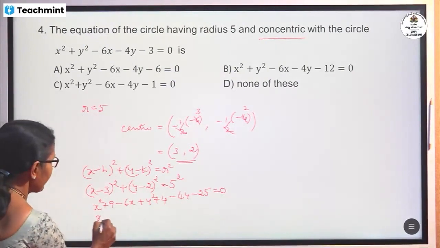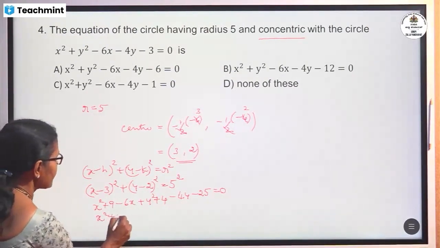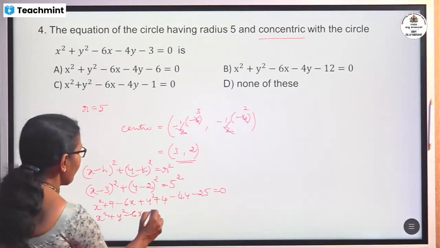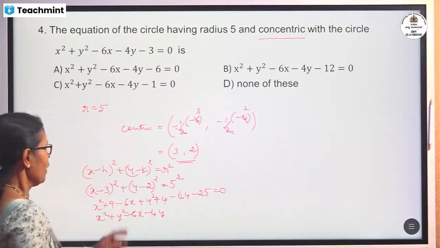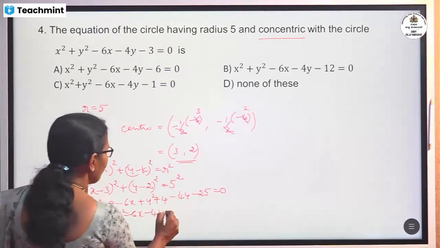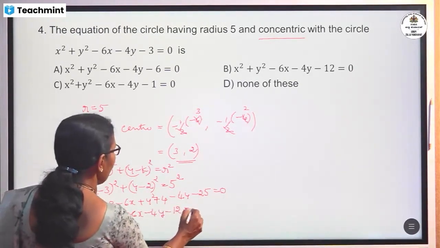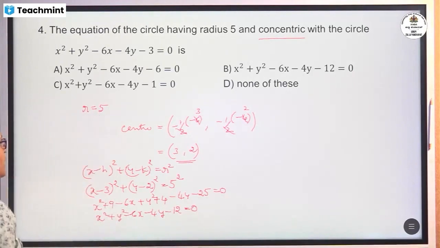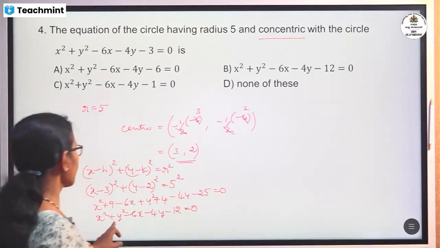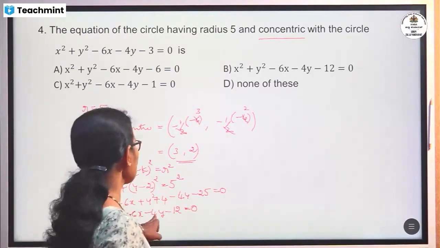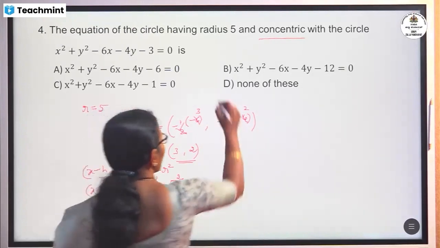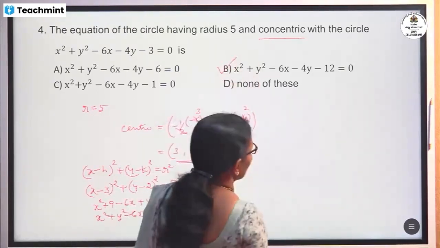Now, this becomes x square plus y square minus 6x minus 4y, 9 plus 4 is 13, minus 25, that is minus 12, equal to 0, which is the equation of the required circle: x square plus y square minus 6x minus 4y minus 12 equal to 0. Therefore, the correct answer is B.